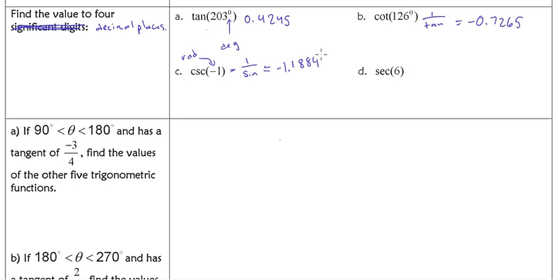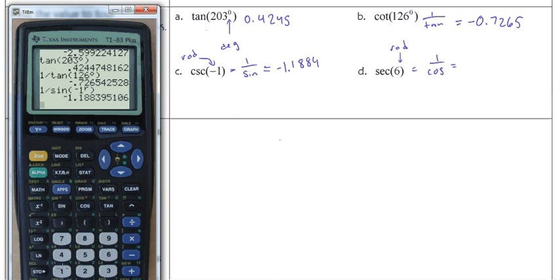And lastly, secant. We've got secant, again, no marker here. So this is radians. And secant is 1 over cosine. So 1 divided by the cosine of 6.